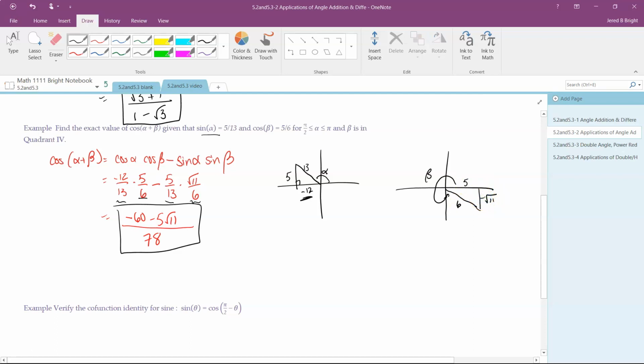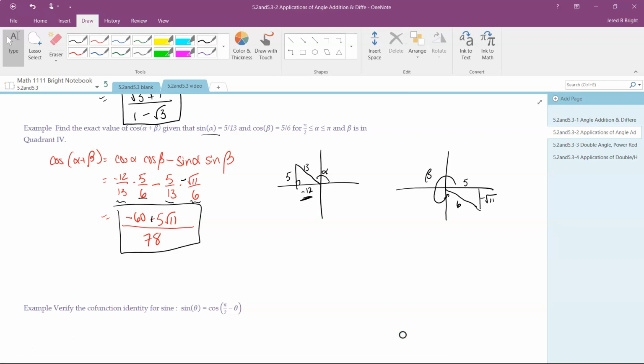I shouldn't have negative square root of 11 there, so I need to modify that answer, so that's a plus. I digress. Then just do the calculation, 12 over 13. Use the triangle that you set up to find the missing values, and we go on from there.